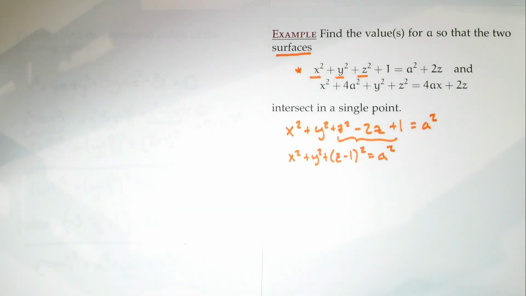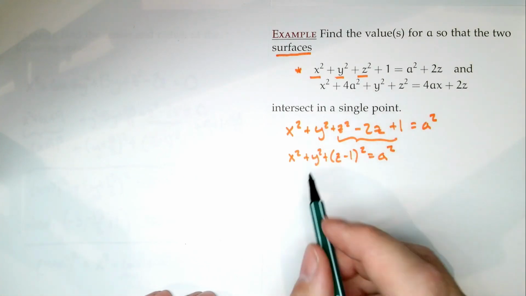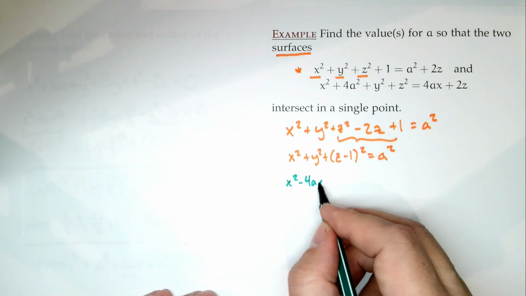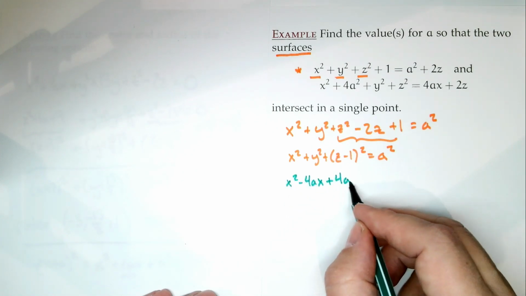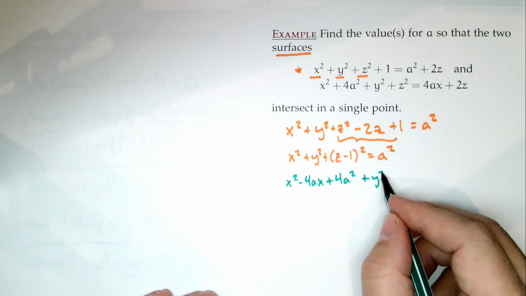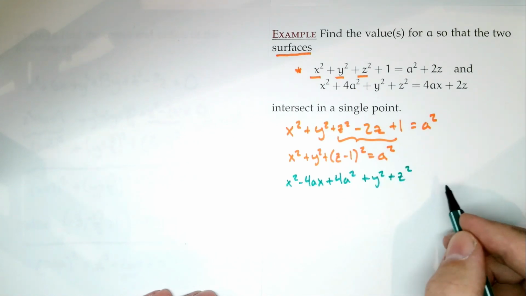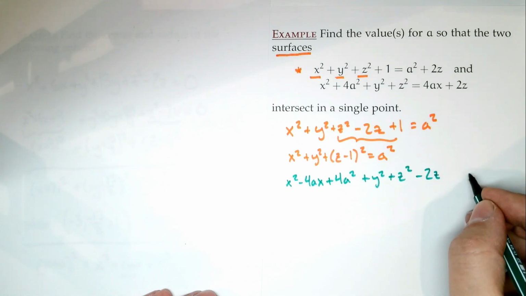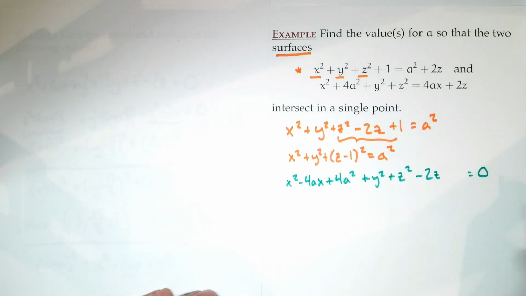Let's do our other one. So we'll change colors slightly for our other one. Let's move the 4ax across. So I have x squared minus 4ax plus 4a squared plus y squared plus z squared. I'll move the 2z across. Minus 2z equals currently 0.